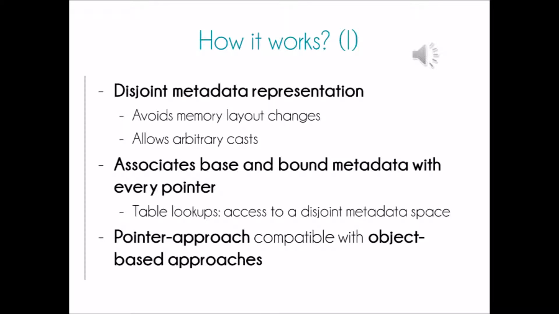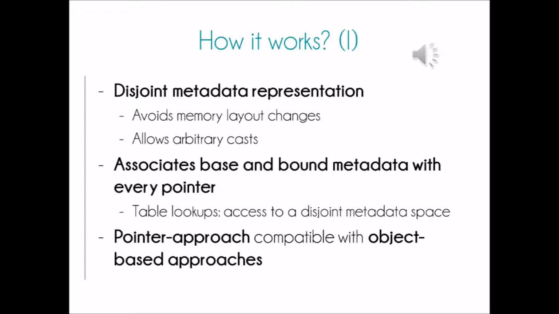But how does SoftBound work? As we have commented before, SoftBound is a compile-time transformation for inserting runtime bound checks to enforce spatial safety of C programs. SoftBound is highly compatible with existing C source code because its disjoint metadata representation avoids memory layout changes and allows arbitrary casts.